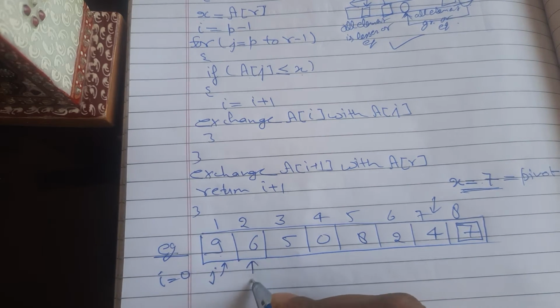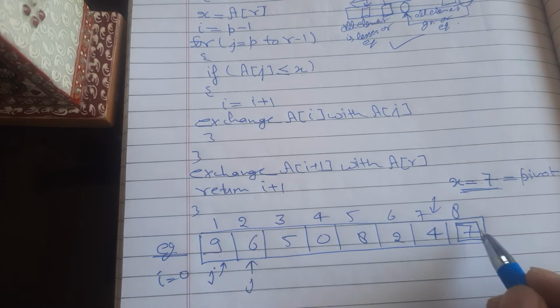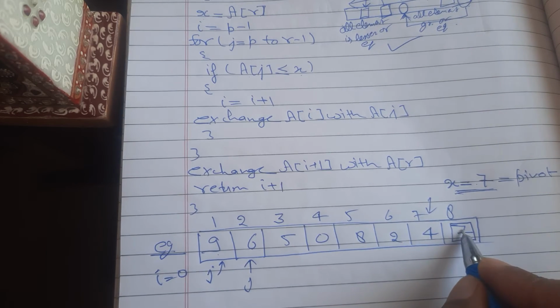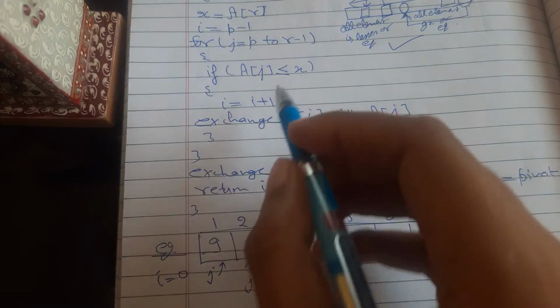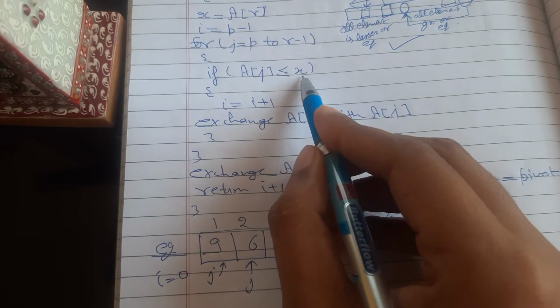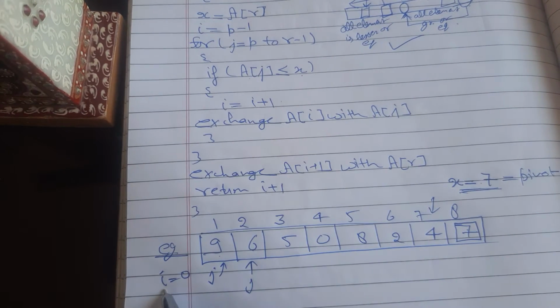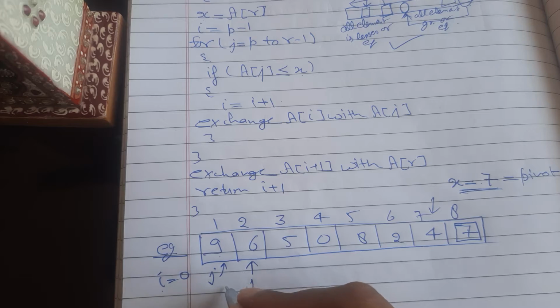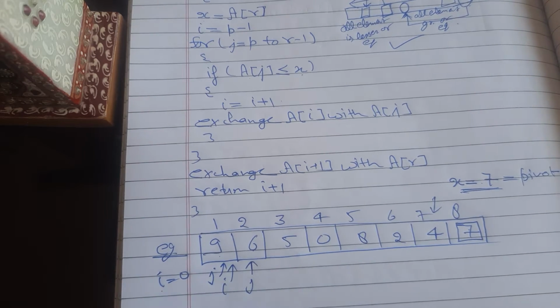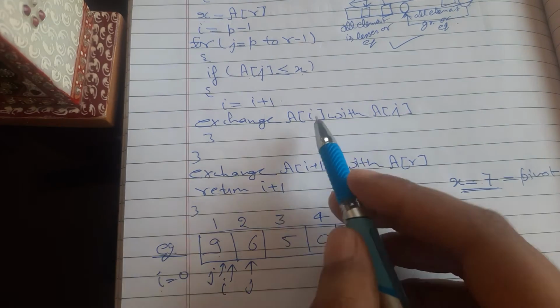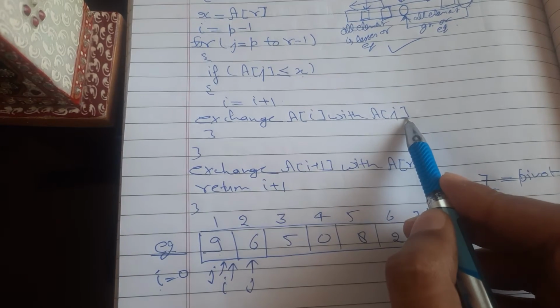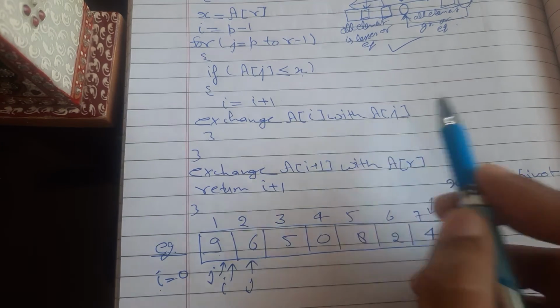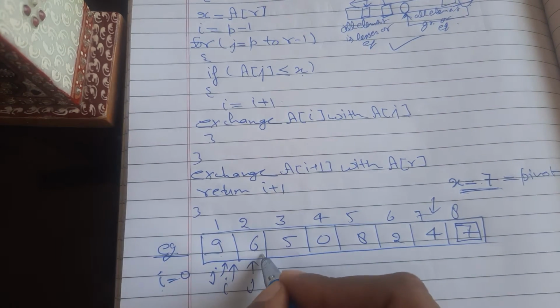So j, is 6 less than 7? Yes, 6 is less than 7, then we increment i. i's current value is 0, so we increment i, it points here, and exchange A of i with A of j.